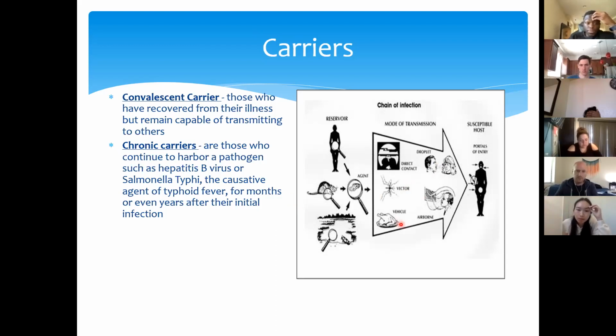A vehicle, so uncleaned food. If someone isn't washing their hands and then preparing food, or food is not cooked properly, it becomes a vehicle. And then airborne, so these microorganisms are very small. Legionella would be an example of an airborne, through an air conditioning system, or a swimming pool, hot tubs. And then that is how the host is infected. They can breathe it in. It can be injected, like a blood transfusion, catheters, which we will talk about, direct contact.